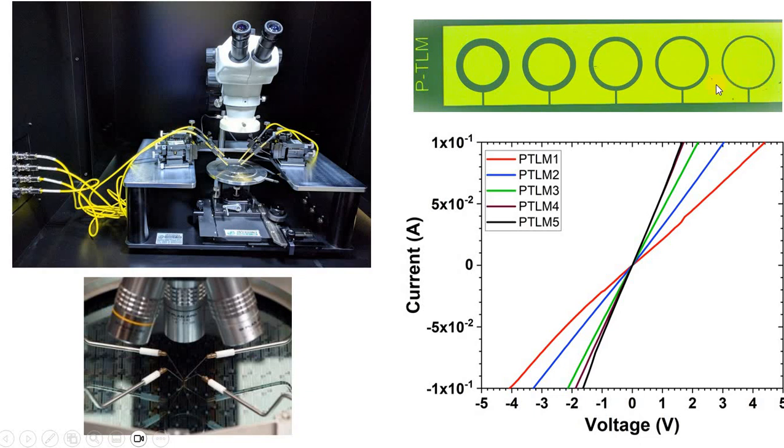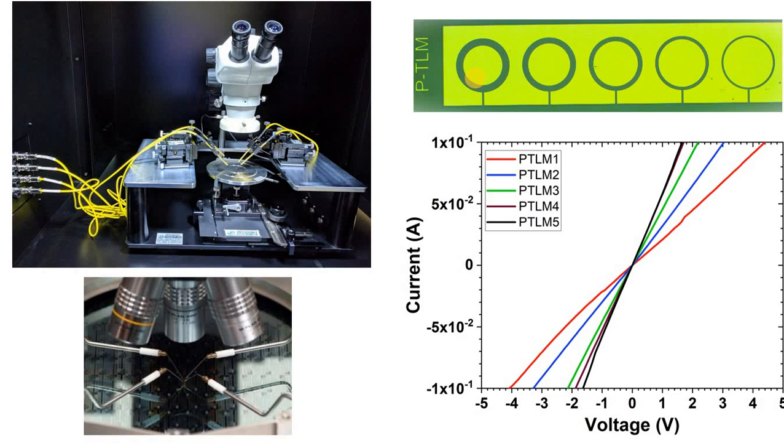The blue curve here corresponds to this 10 micrometer spacing, the green corresponds to 20 micrometers, then the next one corresponds to 30 micrometer spacing, the brown one corresponds to 40 micrometer spacing, and finally the black curve corresponds to 50 micrometer spacing.